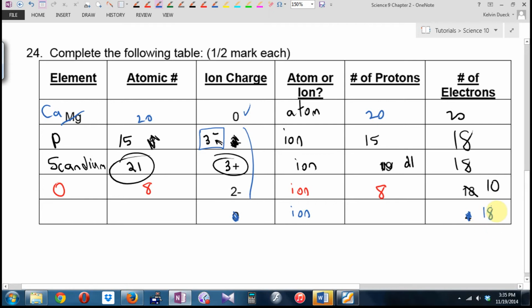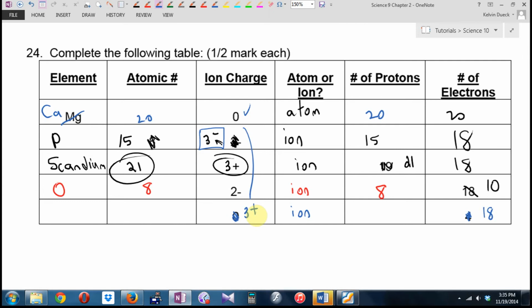And it has an ion charge of, being careful here, I have to, if it's an ion for this particular chart. Okay? This is tough. How many electrons?